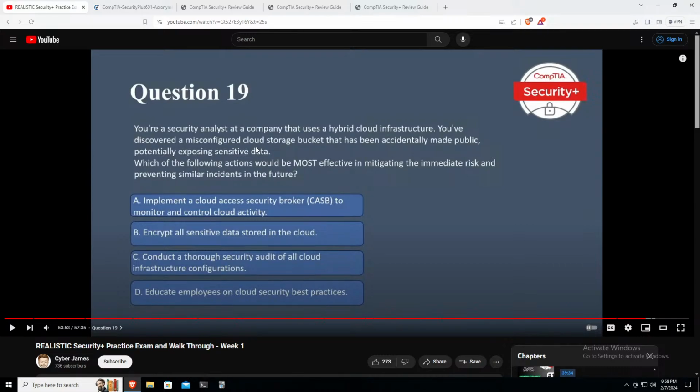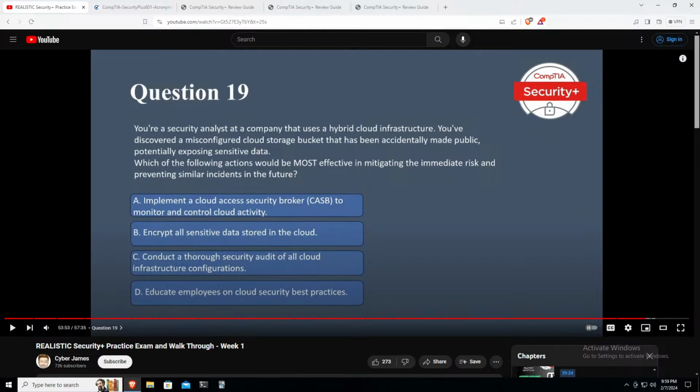I see. Which of the following actions would be most effective in mitigating the immediate risk? Encrypting all the data, right? Because it's already public, making sure that access doesn't get to it.